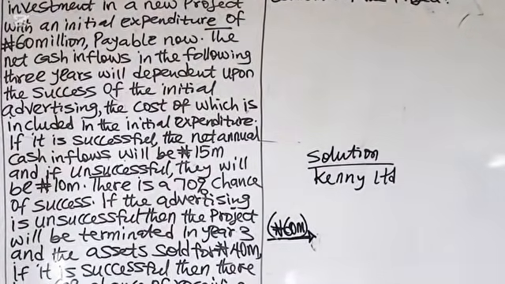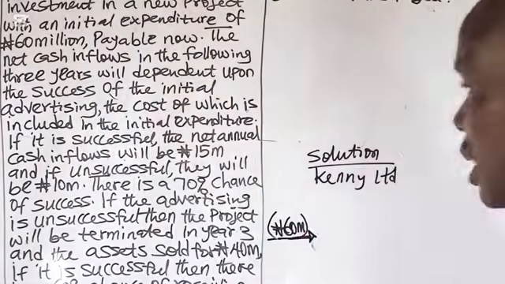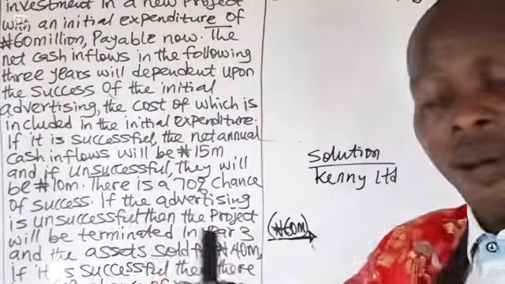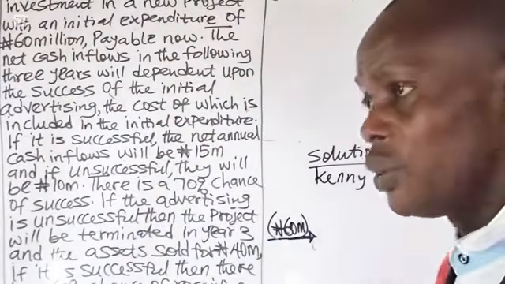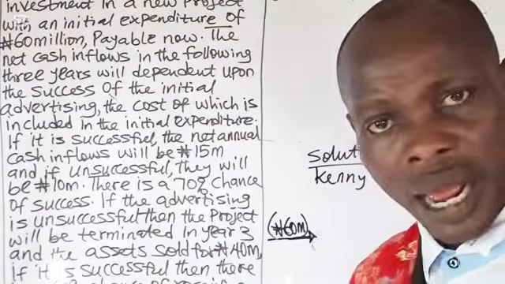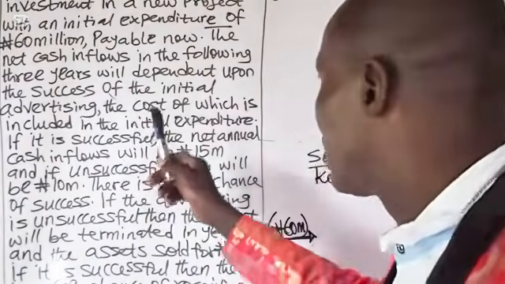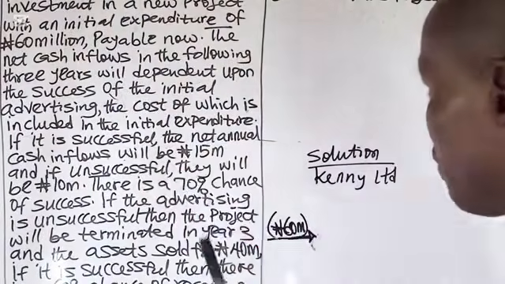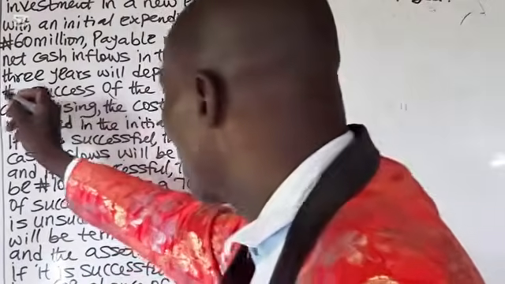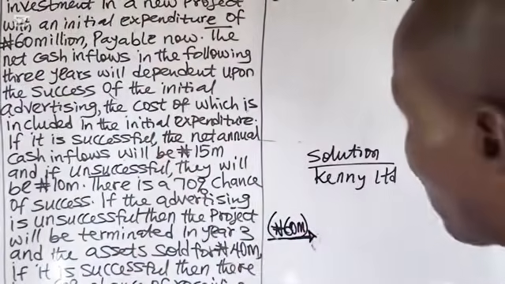You were told the net cash inflows in the following 3 years. So these cash flows are for the 3 years after the investment has happened. You have invested the sum of 60 million naira in the project, and it will generate the net cash inflows in the following 3 years, dependent upon the success of the initial advertising.